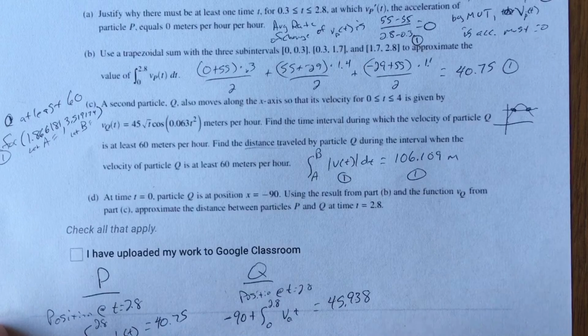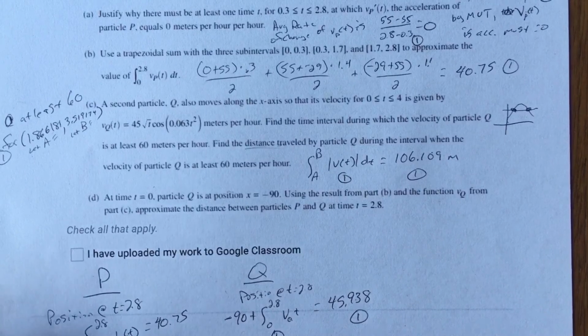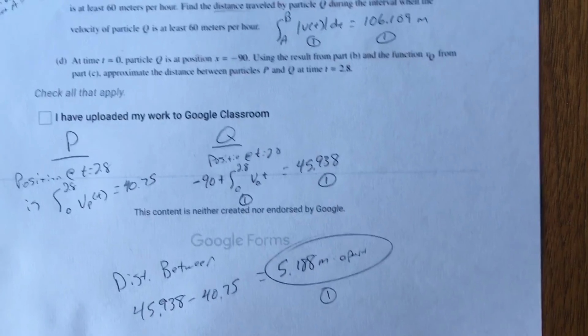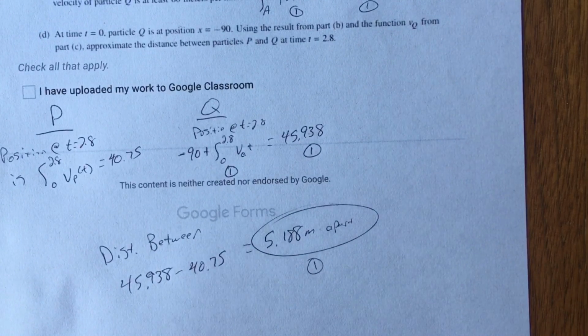So the distance between them is just the difference between those: 45.938 minus 40.75, which gives us about 5.188 meters apart. You got a point for doing this, a point for having the position correct for Q, and then a point for that answer. All right, and that's how we do that one.